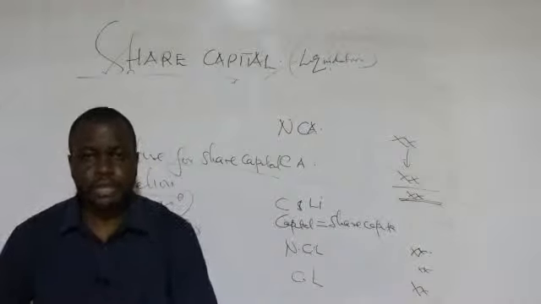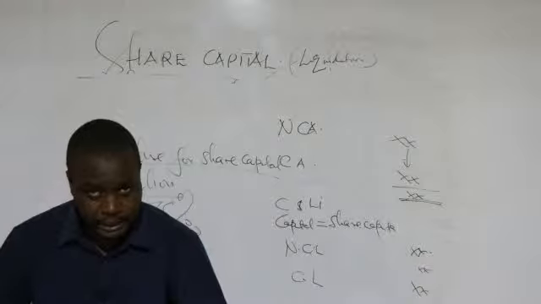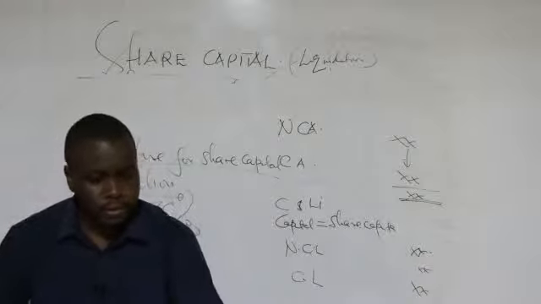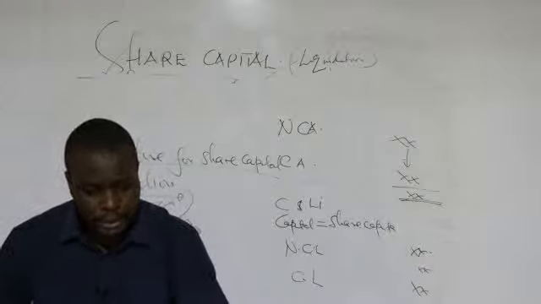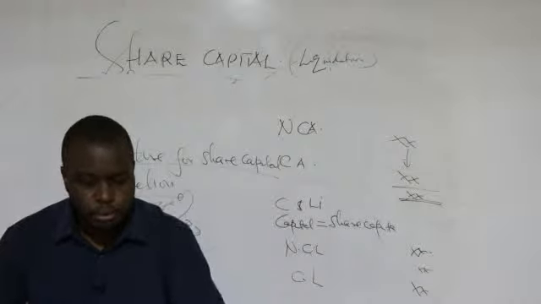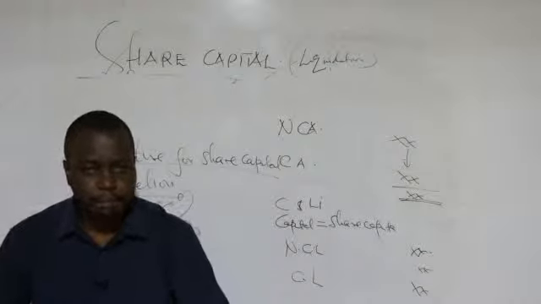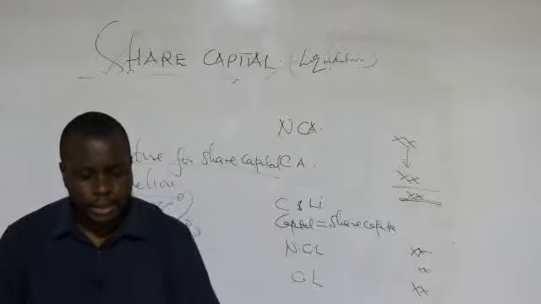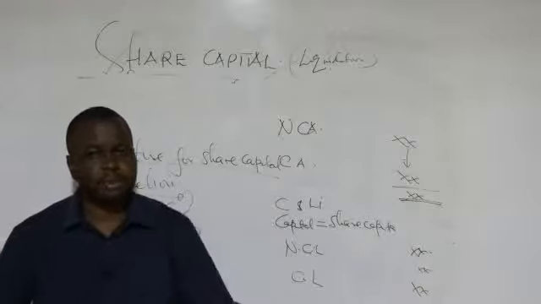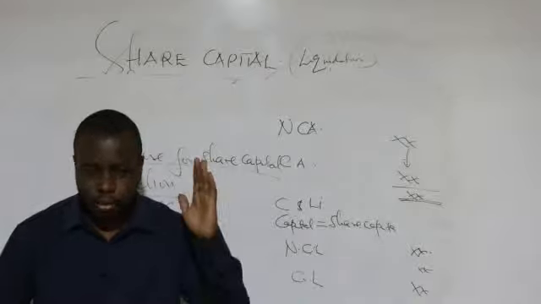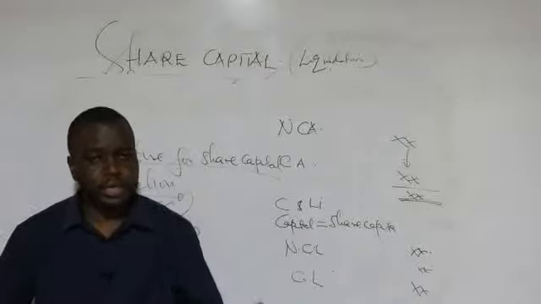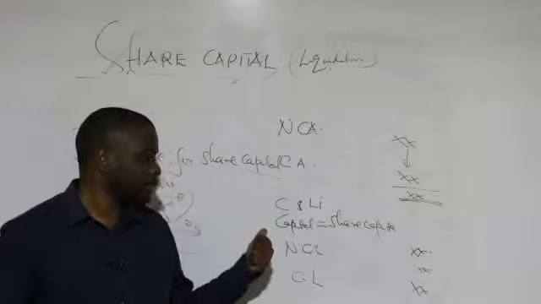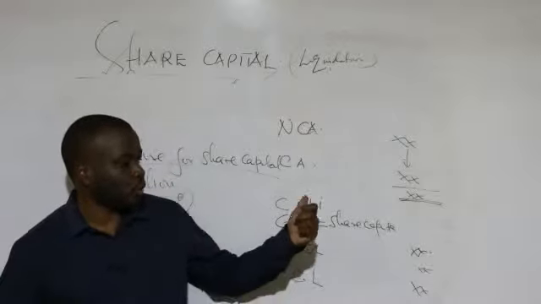Then, of course, if there's any creditor who is objecting, and I've told you the reason why a creditor can object, they'll ask the company to dispense with the creditor, pay the creditor, so that there's no one objecting to the reduction of the share capital. If they have already dispensed with the creditor and the others are okay, then of course the court will give a go-ahead for the company to do share capital reduction.